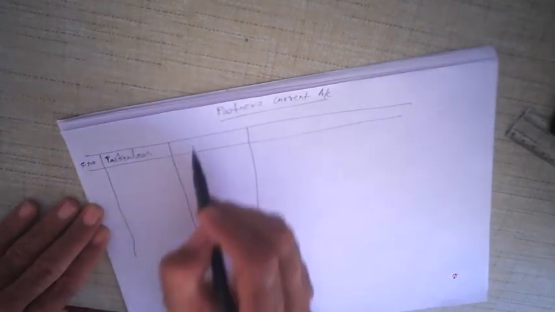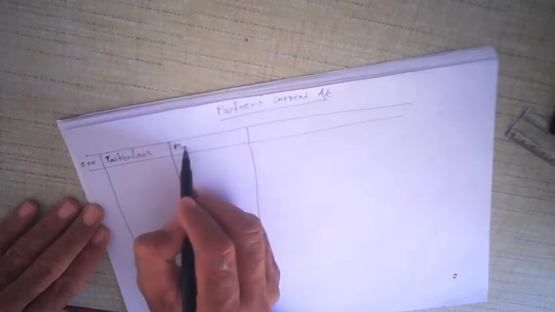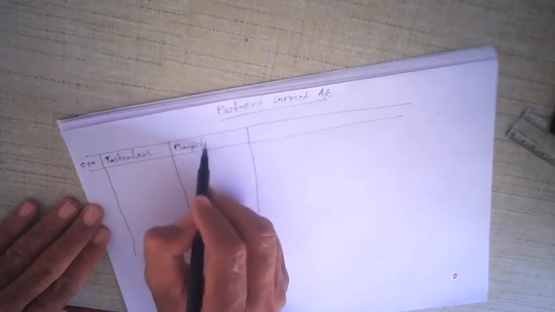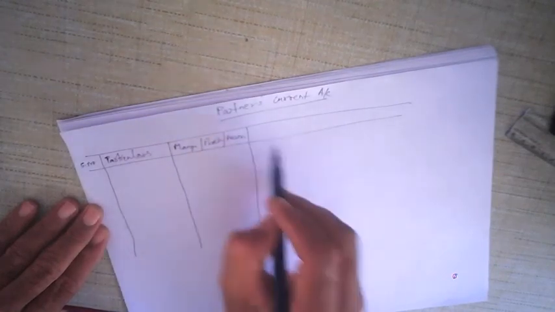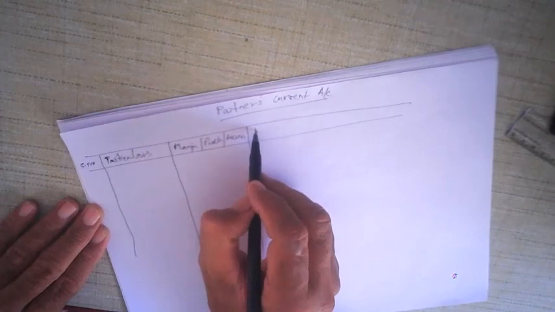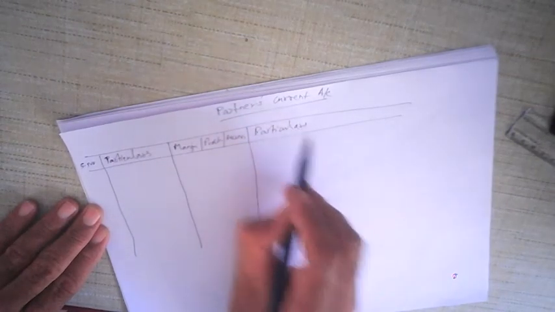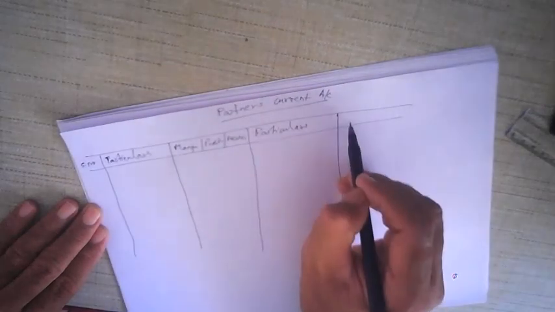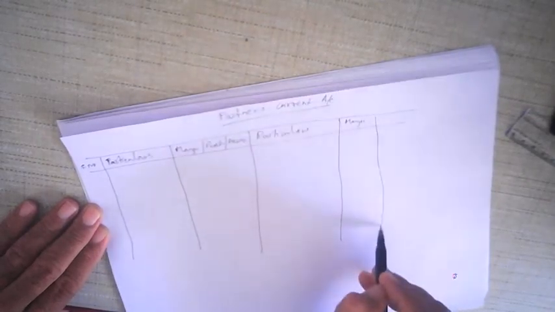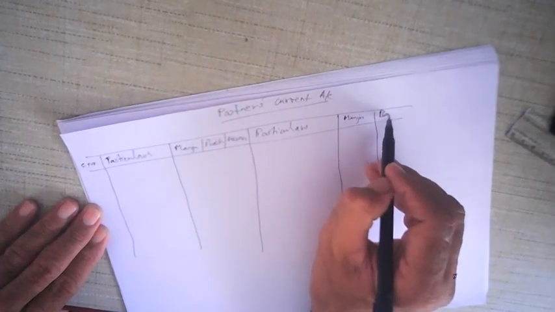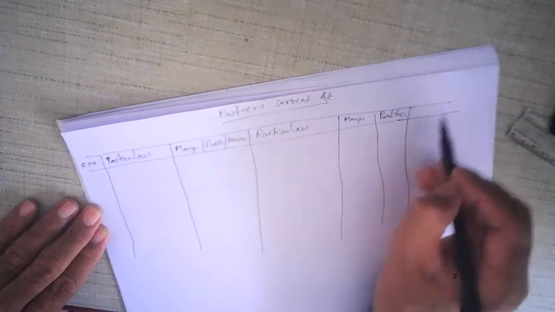Partners are Manju, Prabha and Meena. Okay, the same thing here. Particulars, I'm not writing serial number. Particulars, okay, then Manju, Prabha and Meena, the third partner.